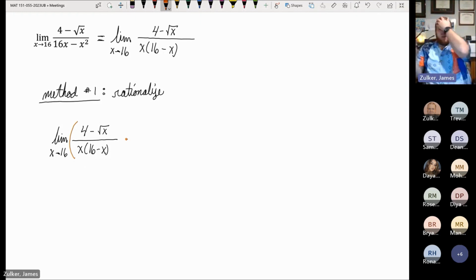We multiply numerator and denominator by the same value.